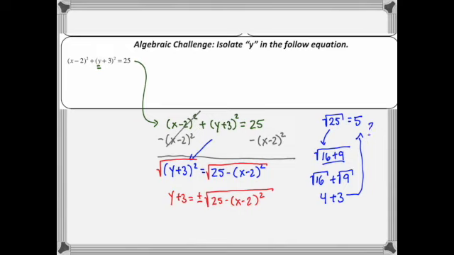So this shows that you cannot take the square root of each part of the radicand separately, okay? So only over multiplication or division.